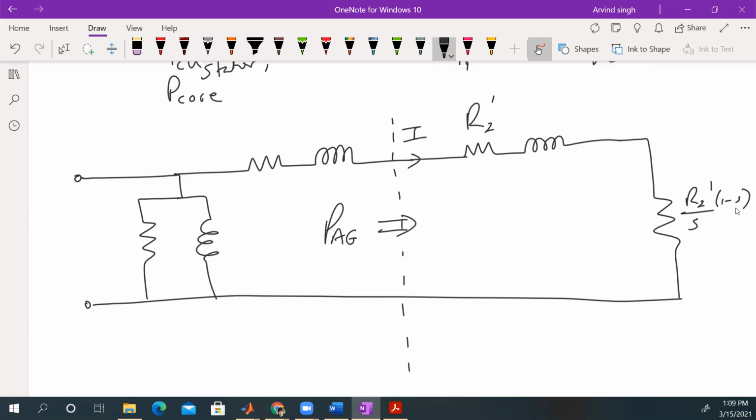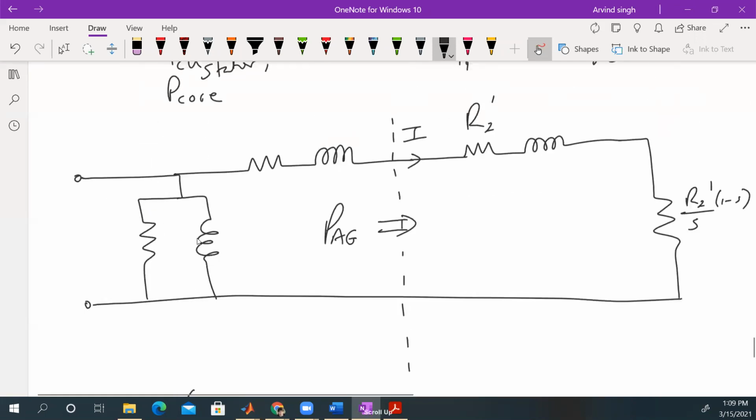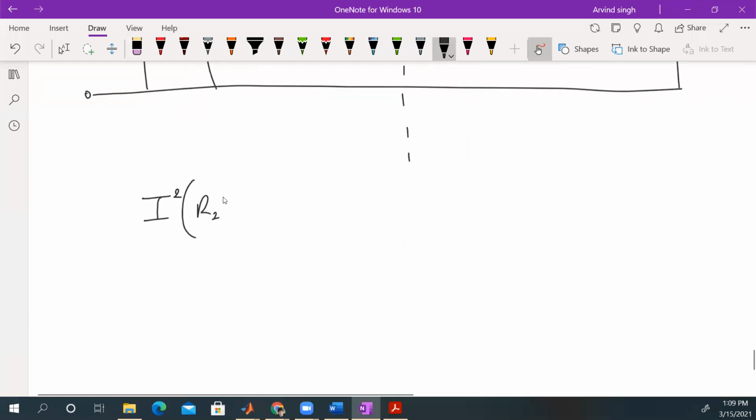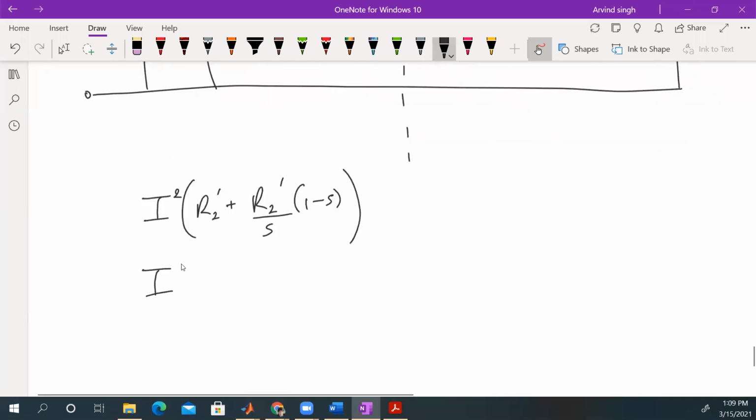Well, power is simply I squared R. The same power goes through all of them. So the power crossing the air gap here is I squared multiplied by this resistance plus this resistance, which is R2 prime plus R2 prime on S multiplied by 1 minus S. The rotor copper losses is I squared R2 prime.